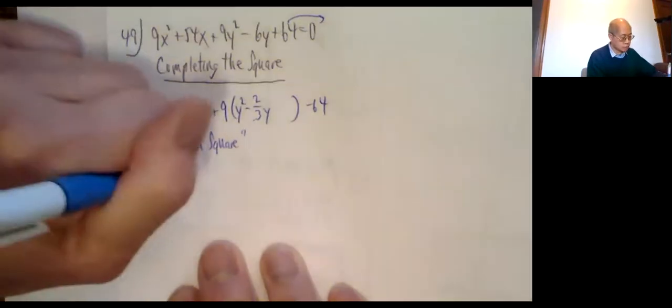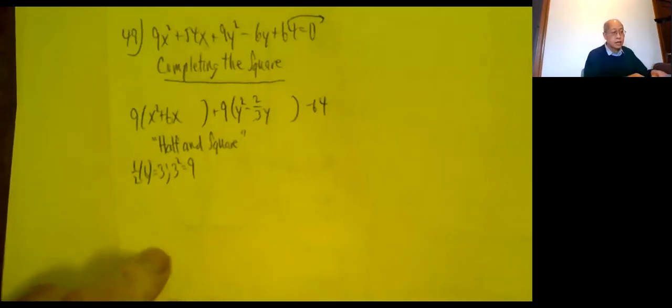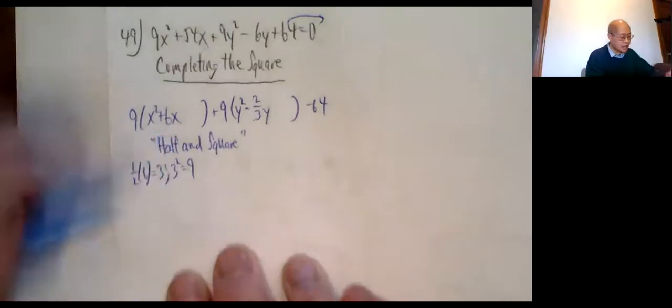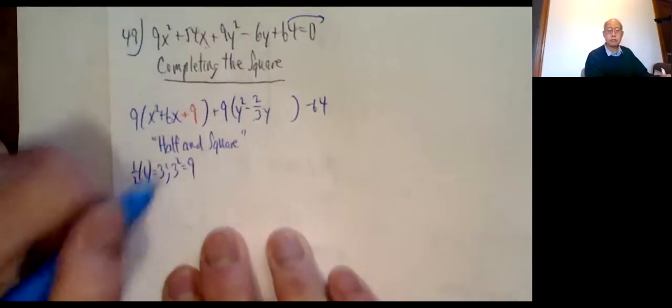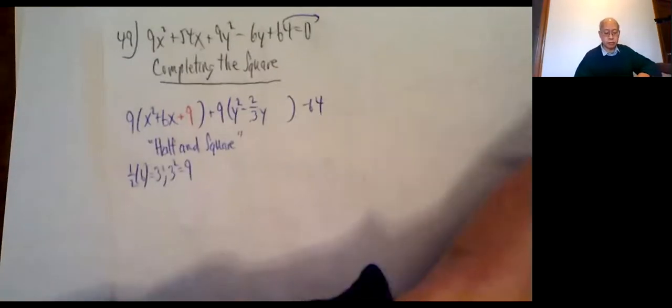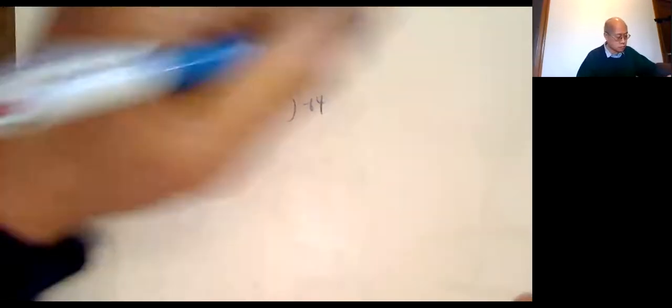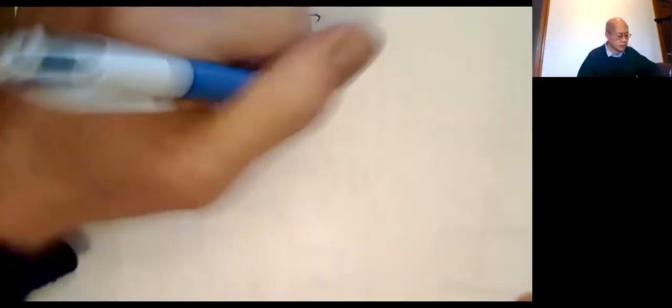Square it, 9. I put the plus 9 here. I'll change colors, that's in red. Sorry, I'm supposed to put an equal sign here. That's an equal sign.